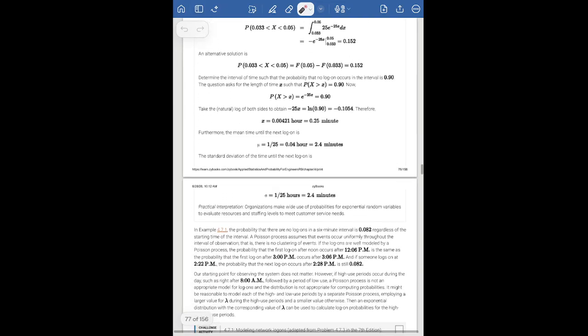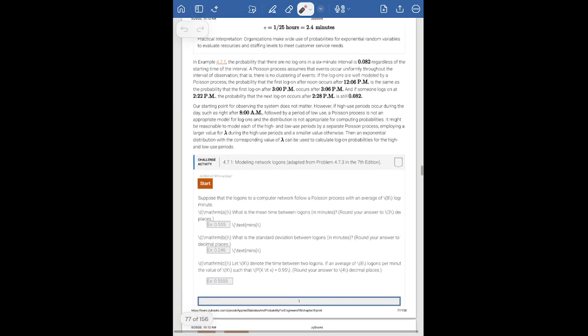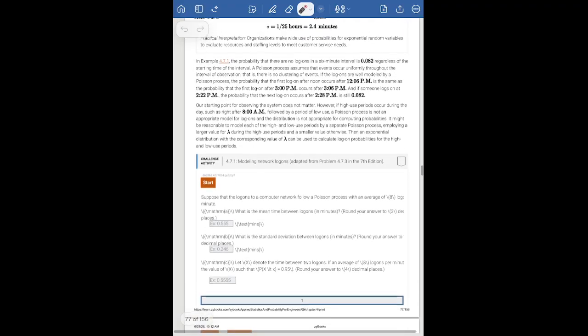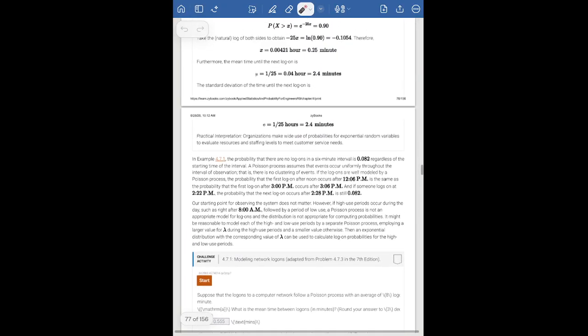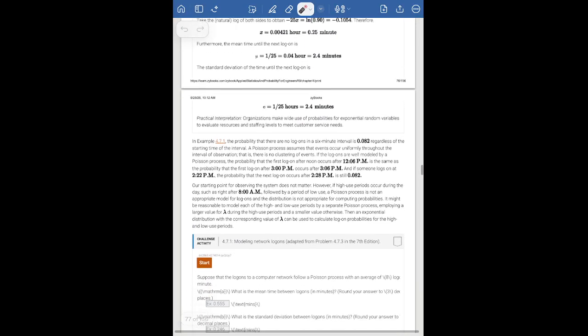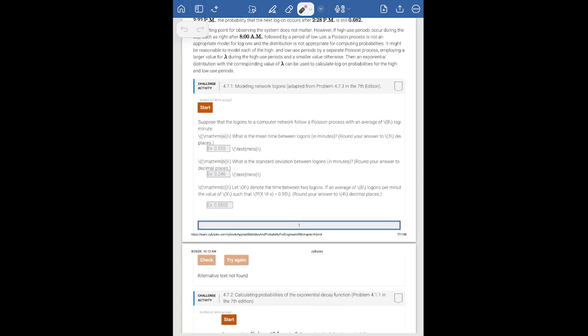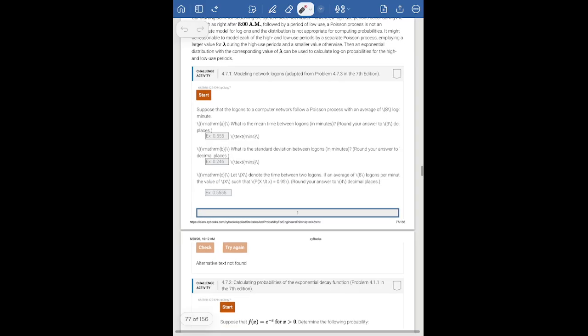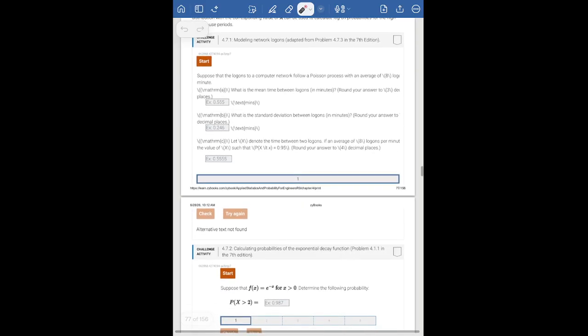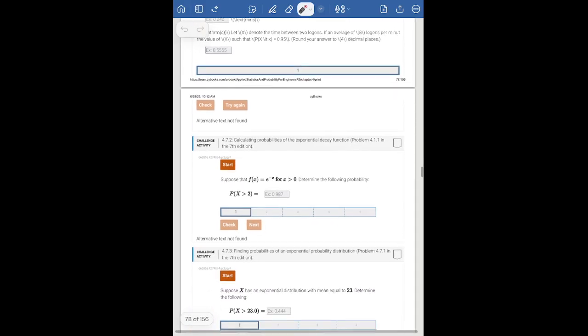You can follow that along at your own leisure. Modeling network logons. There are some more examples that one could follow in the book.